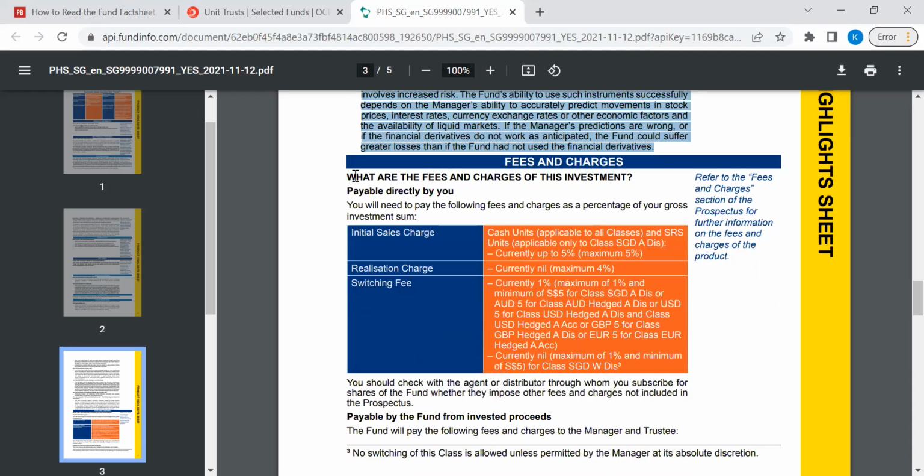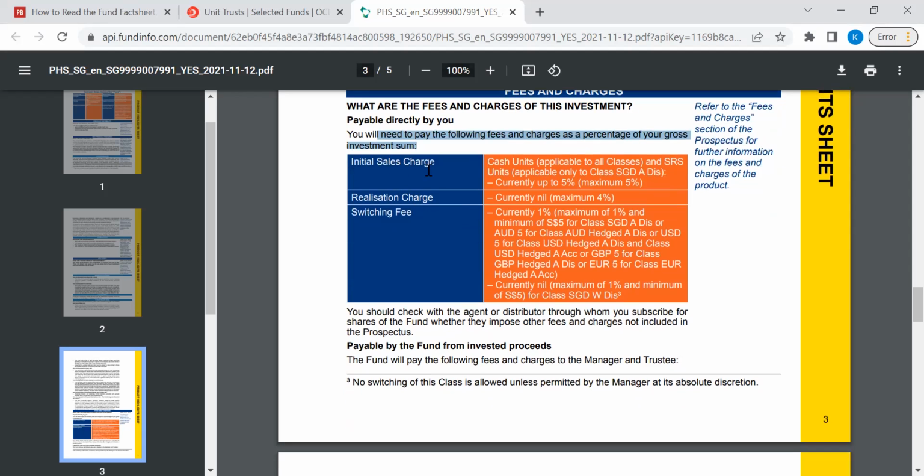Okay, what are the fees and charges of this investment? Payable directly by you. This is what you pay. Pay attention. You need to pay the following fees and charges as a percentage of your gross investment sum. Initial sales charge, cash unit, and SRS. SRS is an SRS account, which you can open with the big three Singapore banks, DBS, UOB, and OCBC.